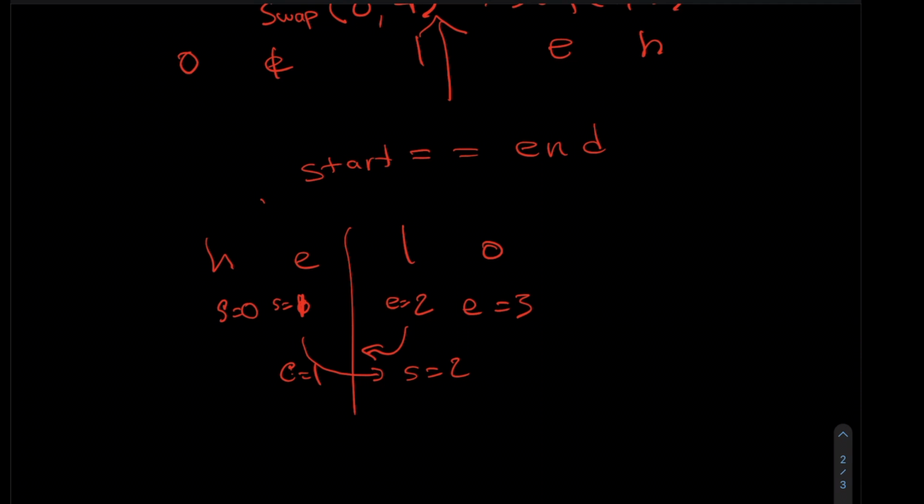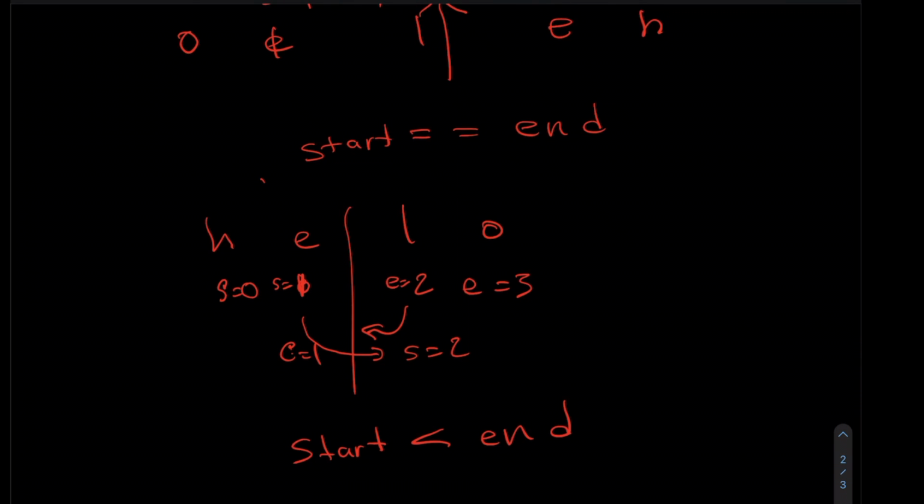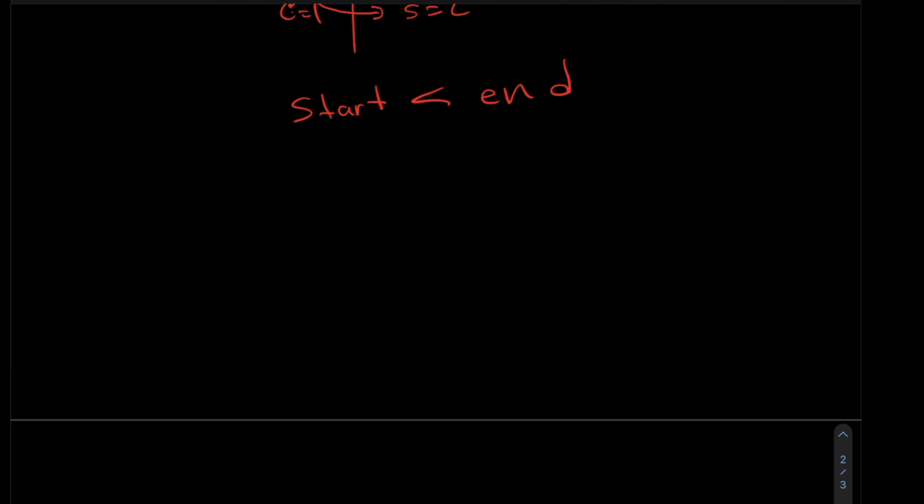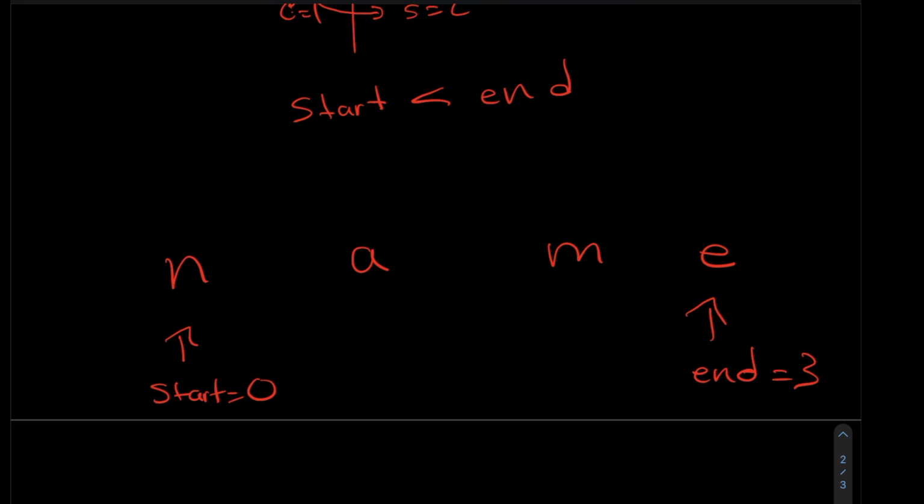What you want to aim for is that your start will always be less than your end as you move your start to the right and as you move your end to the left. And we can actually walk through that with an example of name. So here, our start is equal to 0, and our end is equal to 3. And we're doing this while start is less than end.